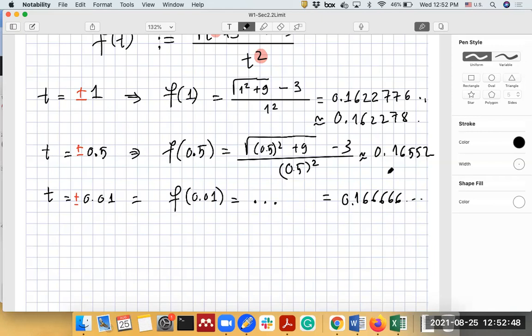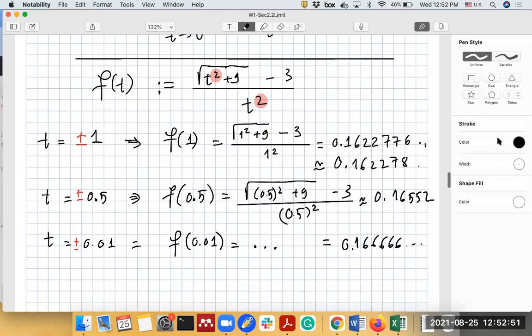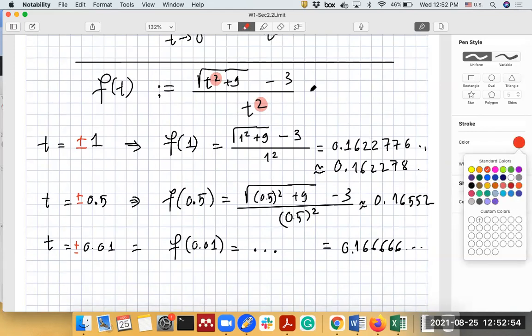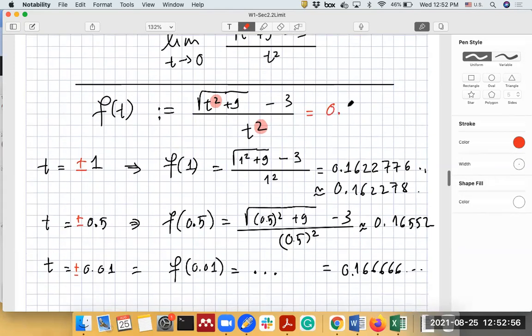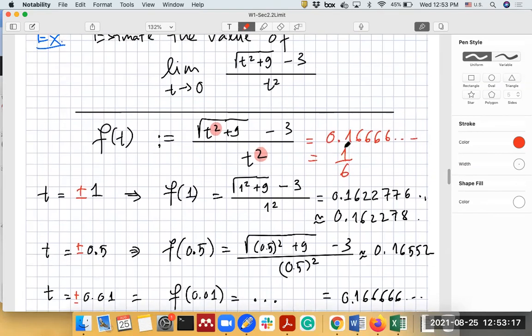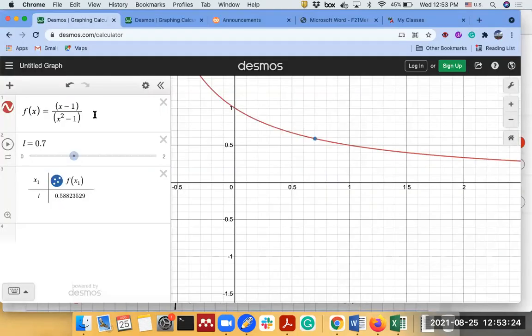So we guess that the limit of this will be 0.1666, right? If we pick a smaller number closer to 0, it should be like this, or it is also 1/6. Okay. This is what we found, right? We guess, evaluate this. And let's try if decimals can help.